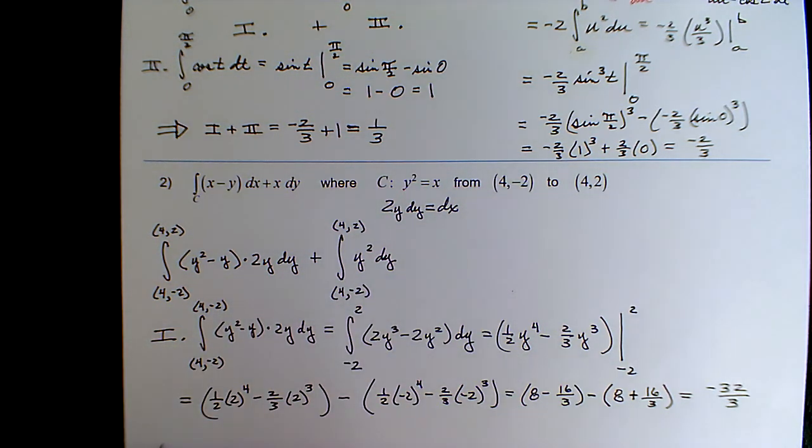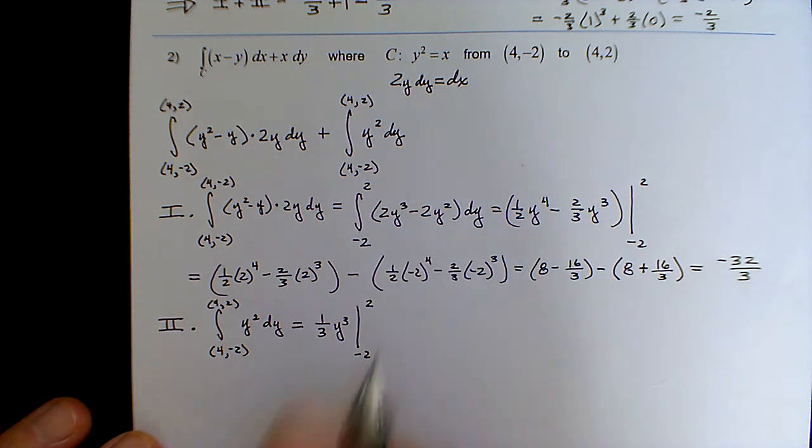Okay, so that's the first integral that I called Roman numeral 1, and then the second integral I'm calling Roman numeral 2, and that's just y squared dy with those limits of integration. So this we can integrate, and we'll get 1/3 y cubed from negative 2 to 2, because those are the y values.